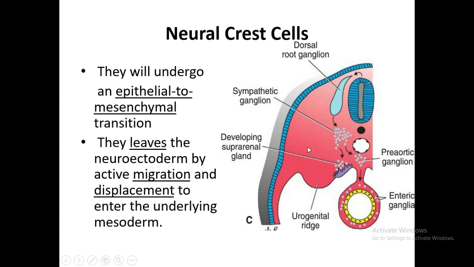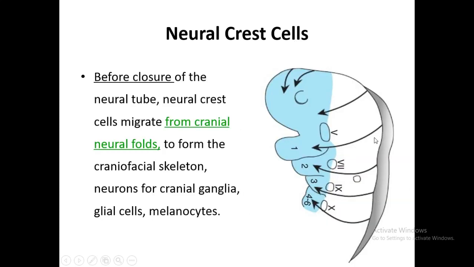This red color area is the mesoderm and this blue color area is the ectoderm, and this is our neural tube which is composed of neuroectoderm. So after the neural tube closure, these neural crest cells leave the neuroectoderm by active migration and displacement to enter the underlying mesoderm. These are the neural crest cells.